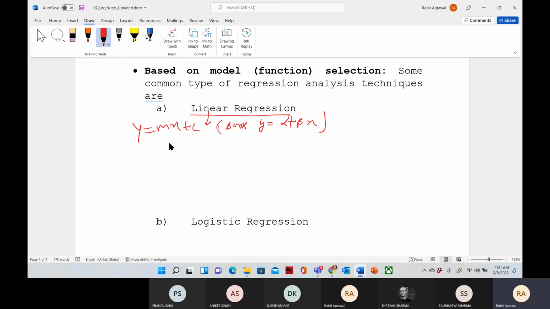So we are assuming that our data points will follow this pattern y equals mx plus c. Obviously there will be some error. It will not fit exactly linear, but we are assuming that there exists a linear relationship. Clear?